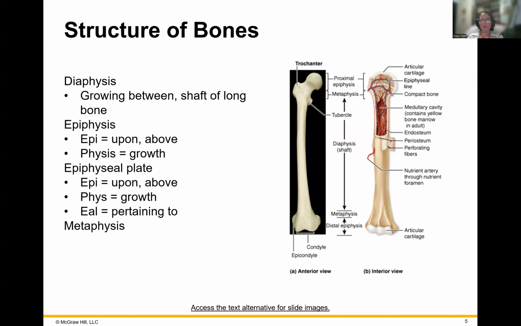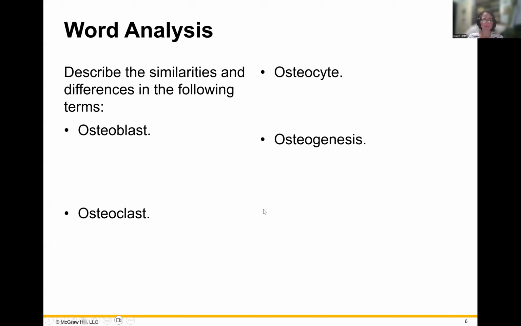Once you're done growing, that plate closes up. And we have the metaphysis. You can see on the picture where the metaphysis is, where the diaphysis is, where the proximal epiphysis is, and you can't really see the epiphyseal plate, which is seen on X-ray.